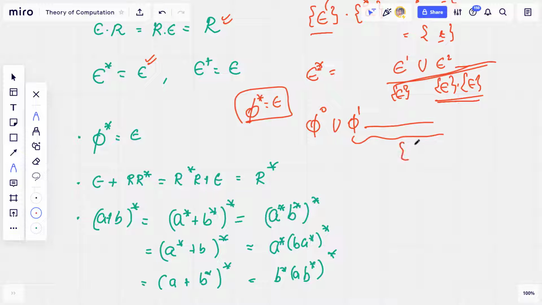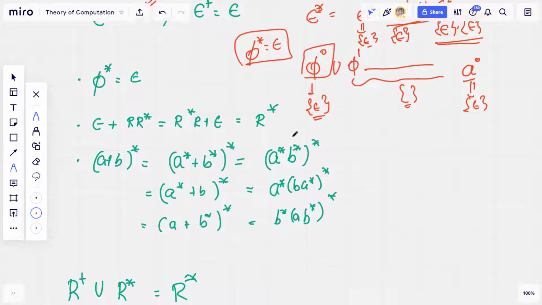The rest will always give the empty language, but this phi power 0 will give a language containing only epsilon, right? So it's on the same grounds. Here epsilon power 0 was there. If there is something like a power 0, it represents the language epsilon. Here, phi power 0 also represents a language containing only epsilon. Cool. So that's that.